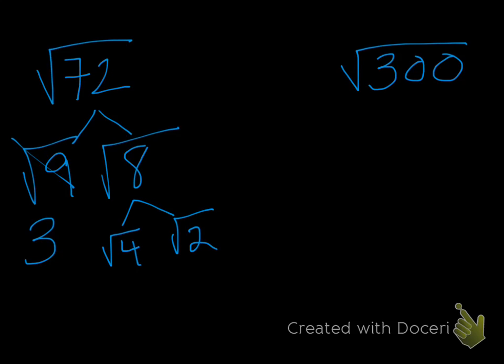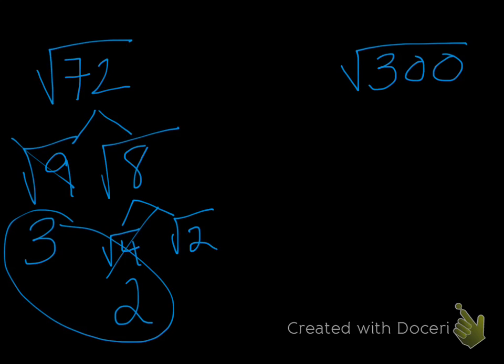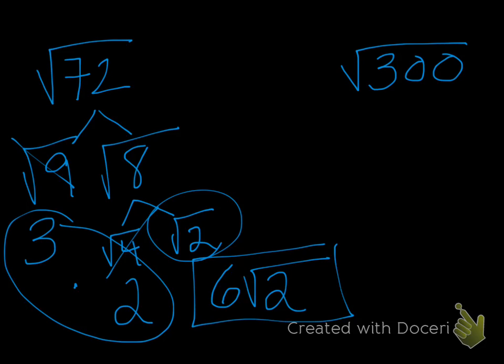And what else do we know about the square root of 4? The square root of 4 is 2. Now the square root of 2 is prime, so I'm good on that one. But what do I do with these two numbers? I actually took 2 separate roots out and got 3 and 2. Well, you've got to times them back together. 3 times 2 is 6. And that means that the final answer is 6 root, who got left in the root? 2. Final answer, 6 root 2.